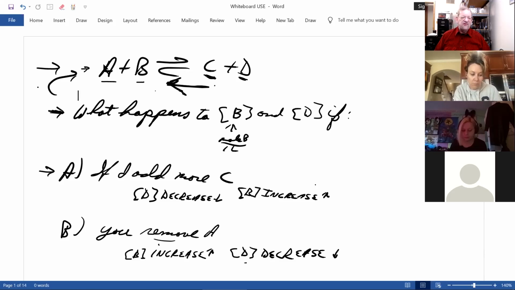And what that does is it shifts the equilibrium. So the amounts are different, but they will still equal the equilibrium constant. But for these type of problems, you don't think numbers, you just think the logic I just told you. How do you remove the stress? What is the stress? Does that help?